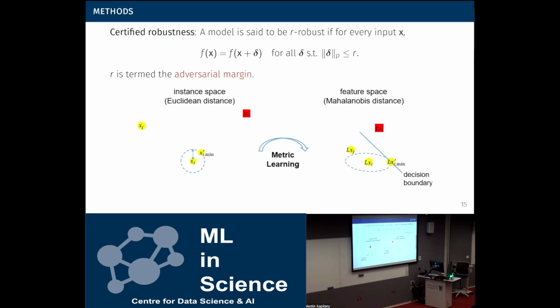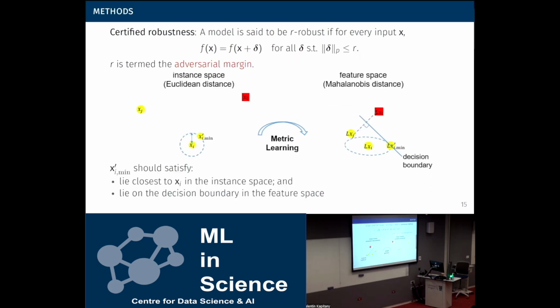So on the left, this point should be close to the original point, but once you learn the metric, it should also still be on the correct side of the decision. If you put these two ideas into an optimization problem, that means your new point should be closest to the original data point in the original space, and at the same time lie on the decision boundary in the feature space.